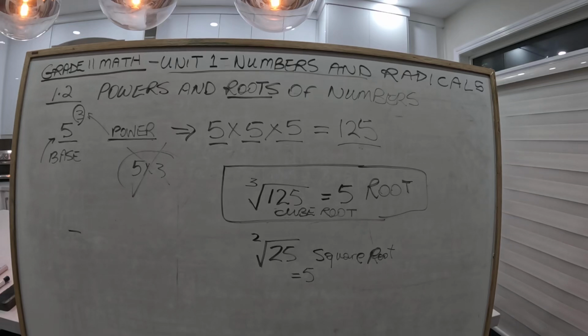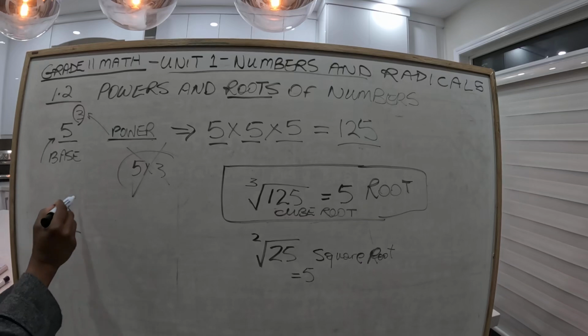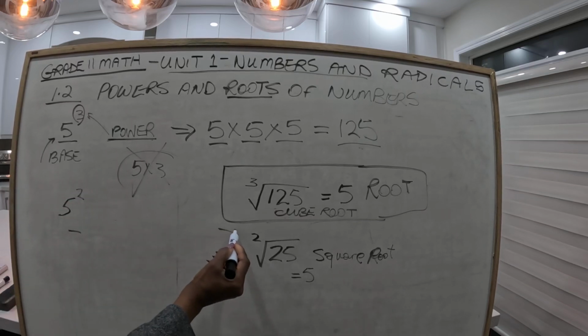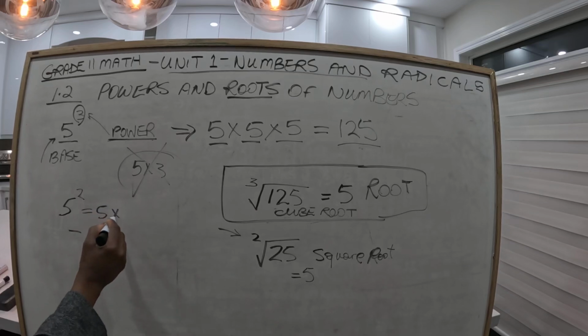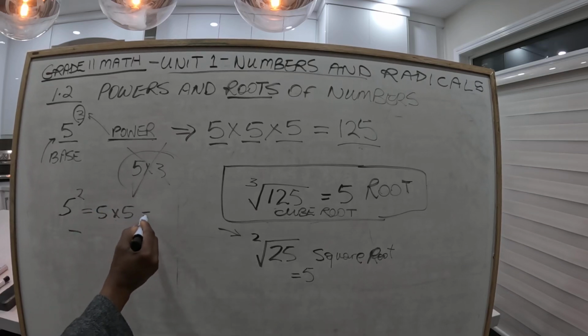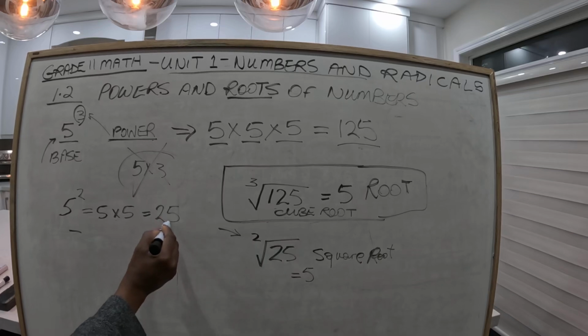Okay? And if you were to go over here and you're finding the square, which is the opposite of square root, it will be 5 times 5. Again, it's the same number multiplied by itself, which would be equal to 25. So you can see the opposite.